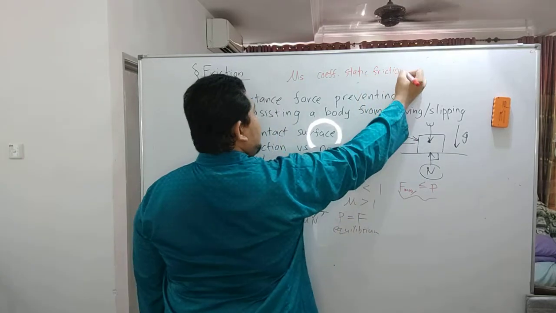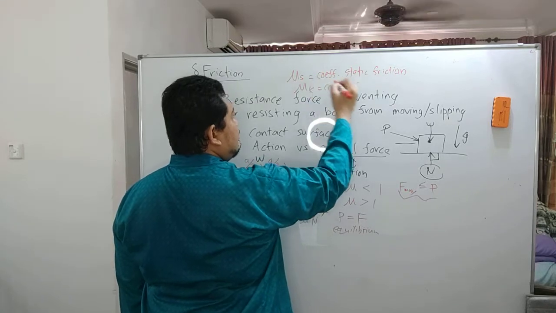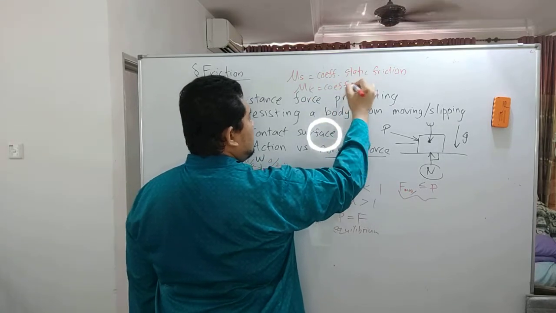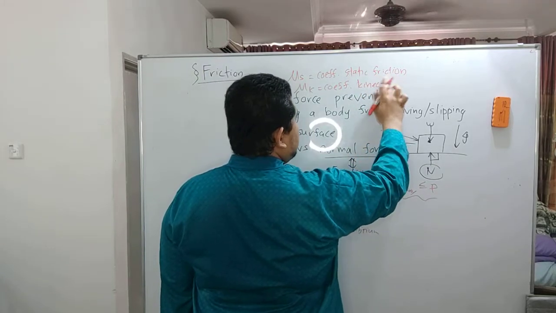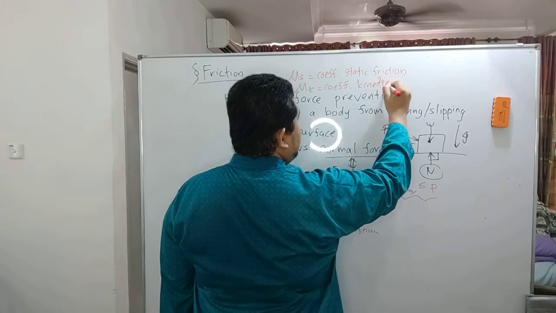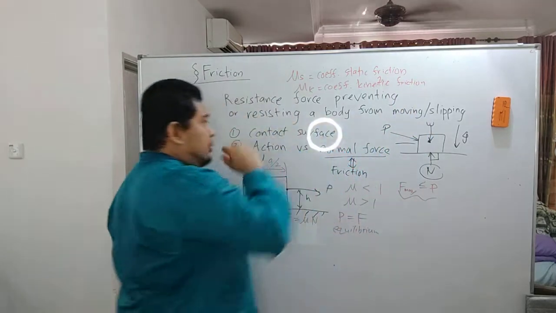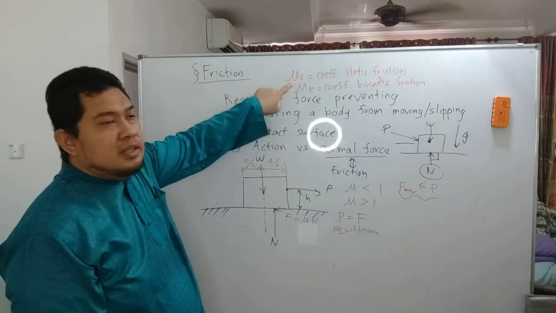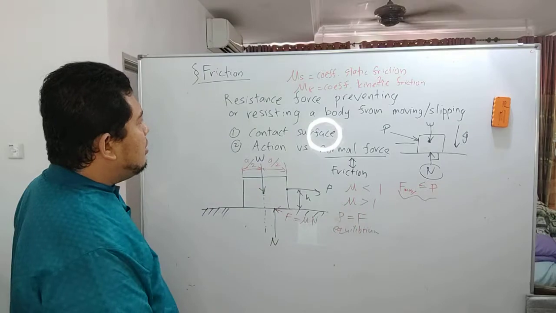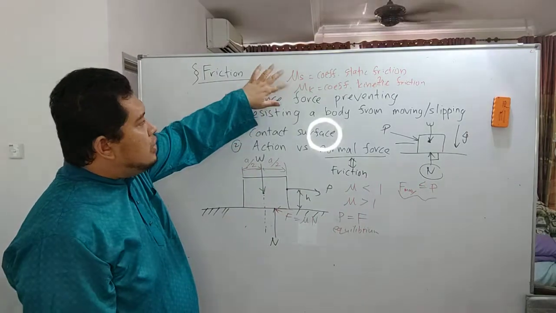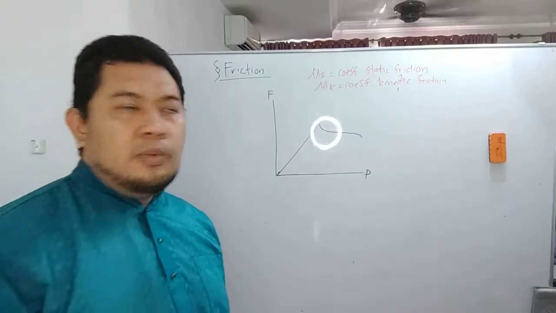Another one is mu k, the coefficient of kinetic friction. Usually the kinetic friction is smaller compared to static friction. So these two are different. I'm going to pause a bit. Okay, we continue.